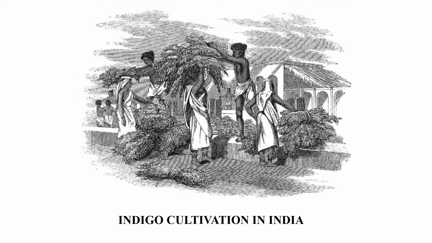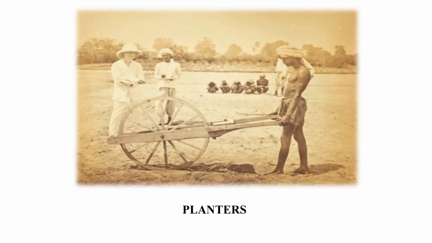With a manifold increase in the import of indigo from India to Britain, agents and officials of the company began investing in indigo production. Attracted by the high profits from indigo, some of them came to India after quitting their jobs and became planters. They either bought land or rented it from other zamindars and produced indigo by employing hired laborers.